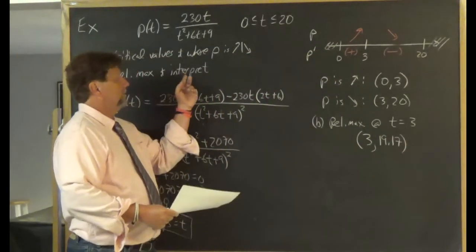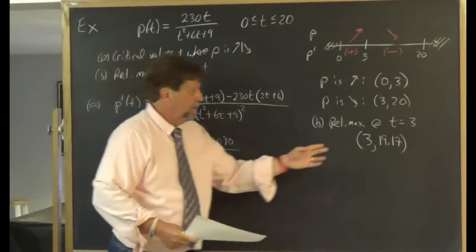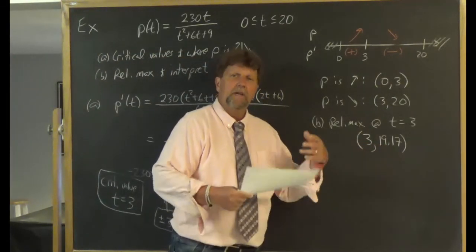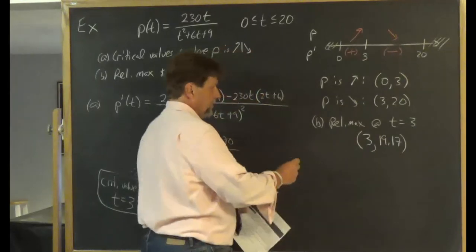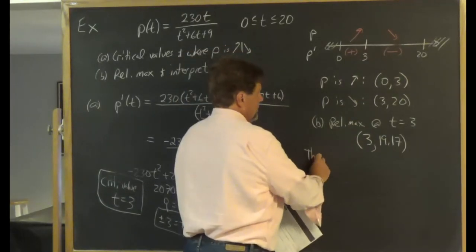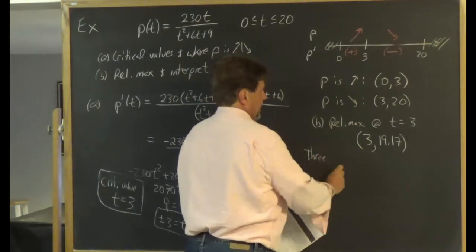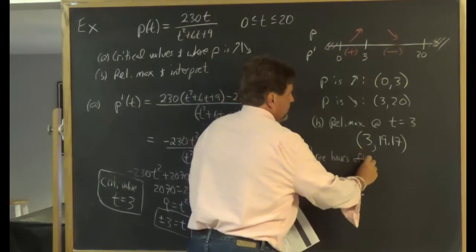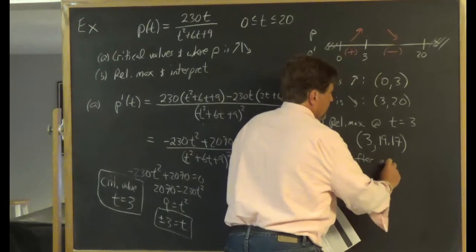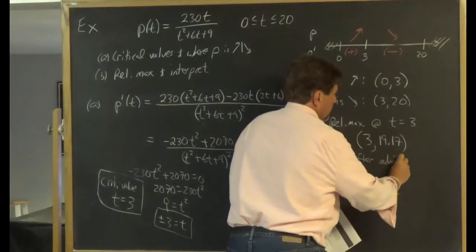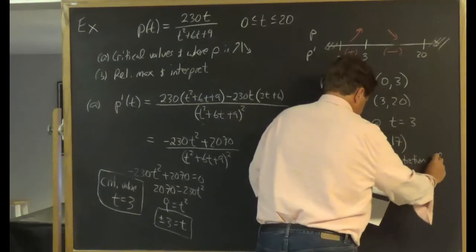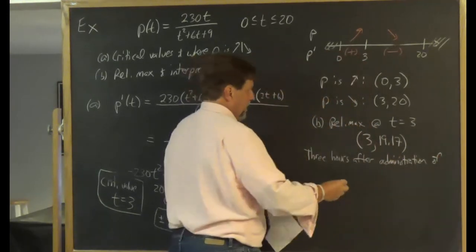So, interpreting what each one of these coordinates tells us. So here's what it says. 3 hours, that's where the 3 is, after the administration of this experimental drug.